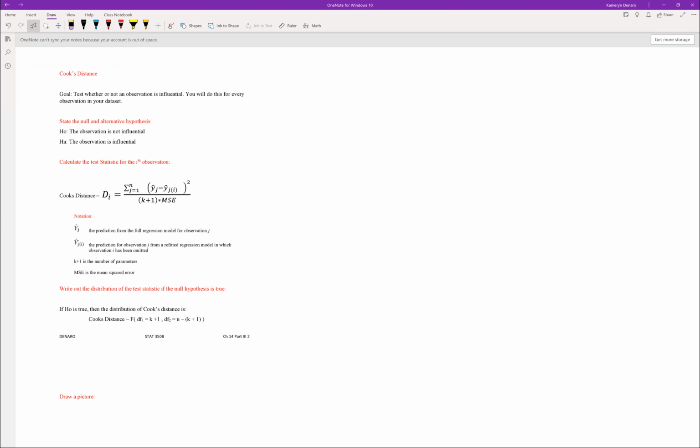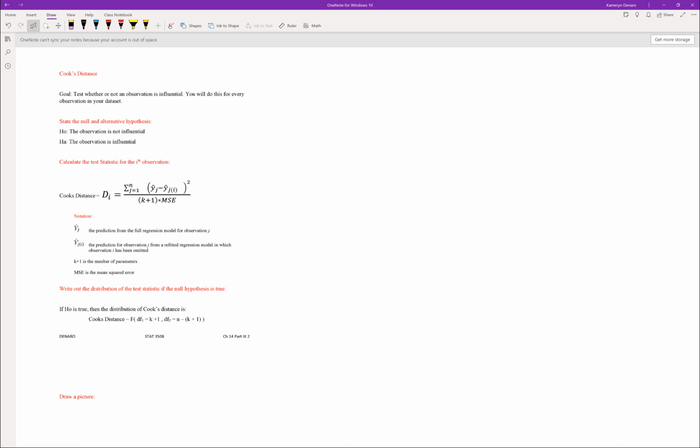Now, one reason that it's important to know if an observation is influential is because if a single point is driving your entire analysis, you want to make sure that that data point is correctly written down, and also, what's the impact of that actual data point. So when you do this, first, you're going to calculate Cook's distance for each data point, right?